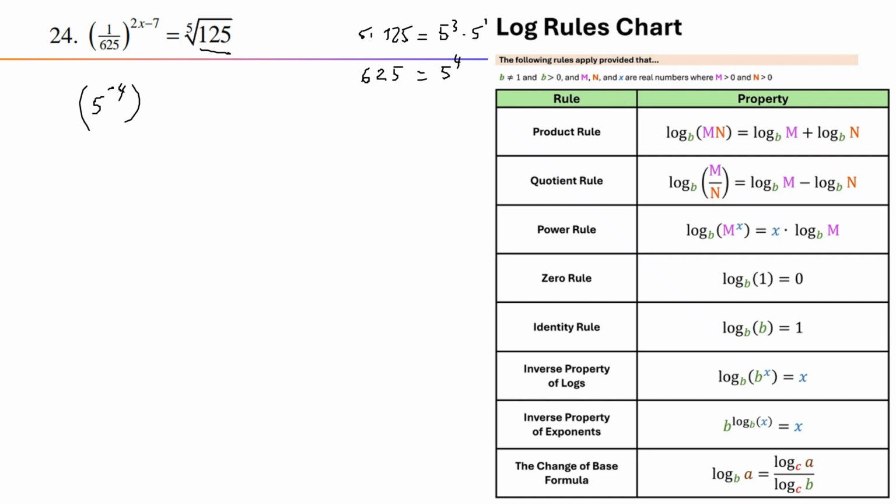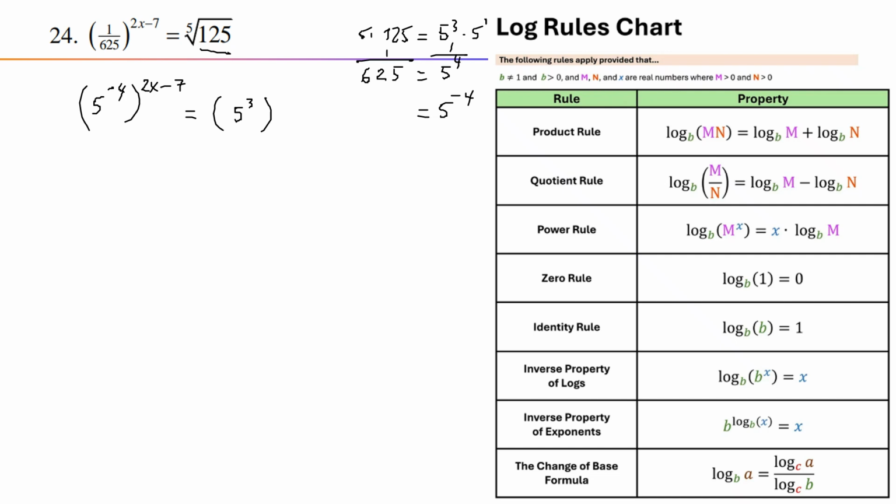See that? We have like 1 over that. When you flip, you have 5 to the power of a negative exponent. Okay? Don't forget the outside exponent. Okay, now 125, we can rewrite it as 5 cubed.